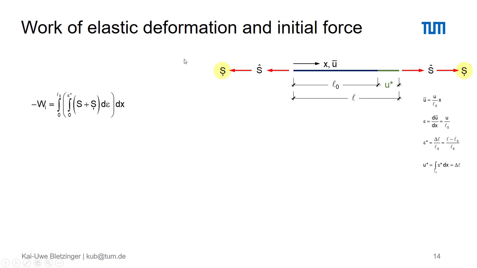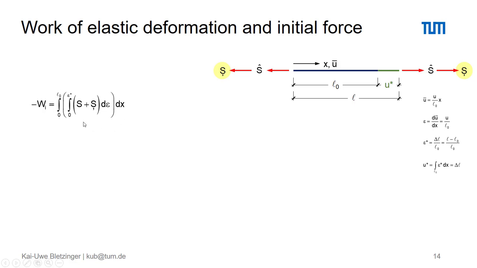And if we now look at the work done with a combination of the elastic deformation, as we just increase the elastic cable force S until we reach the intended value S hat, and considering the constant initial force which remains constant throughout the complete deflection, then we can determine the internal work simply again by integrating first of all for the strain from 0 to the final strain epsilon star that holds for every point within the bar, and integrating over the complete length in the reference geometry from 0 to L0.